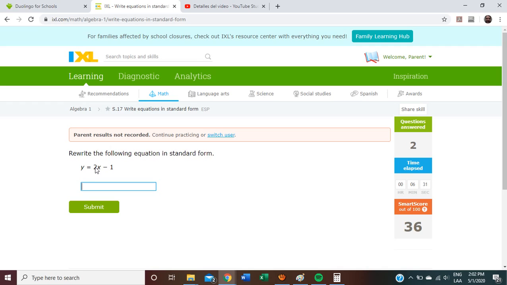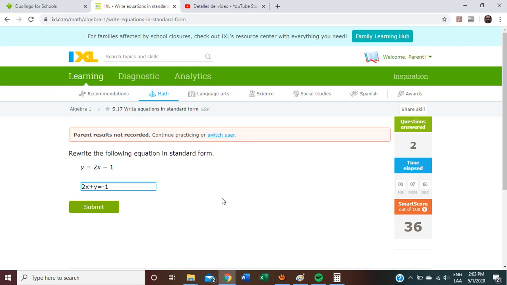Now we have 2x. This 2x is positive, and it is adding because it's positive. We're going to send it to the other side of the equation by subtracting, so it's going to be -2x plus y equals -1. But remember that we said that this number cannot be negative, so we need to multiply every term times -1, or in other words, change the symbol of every term.